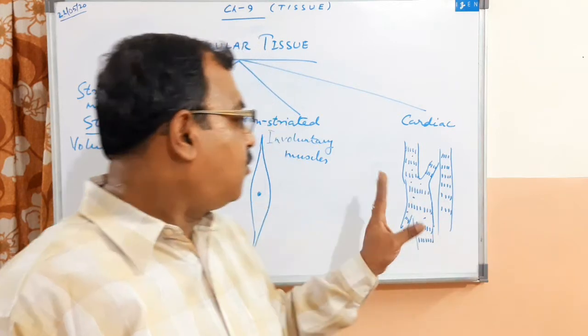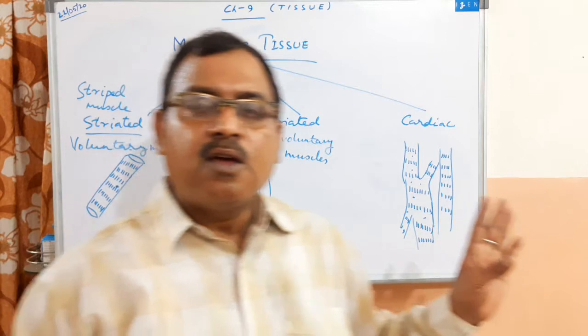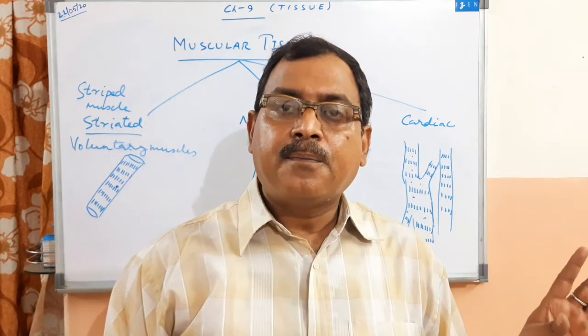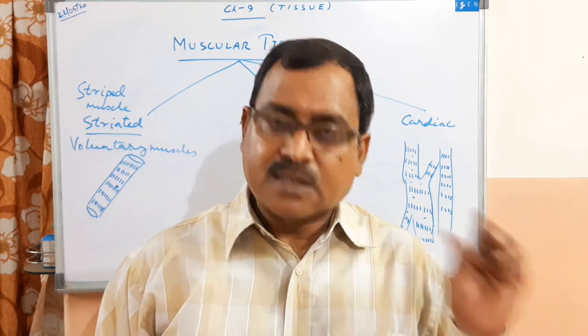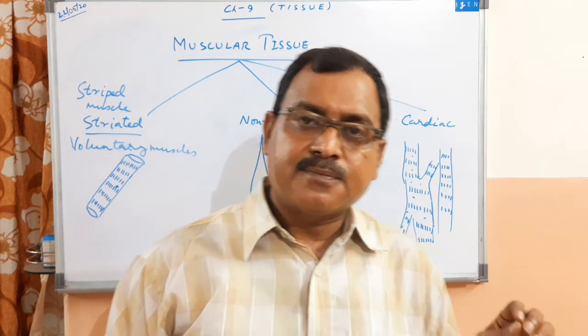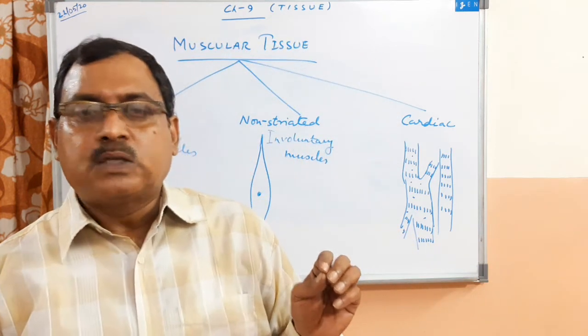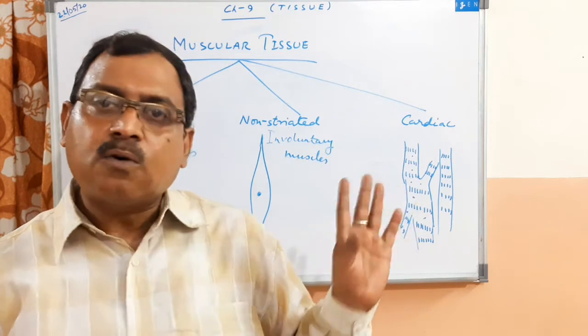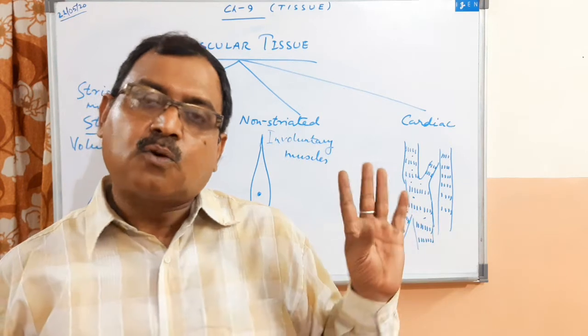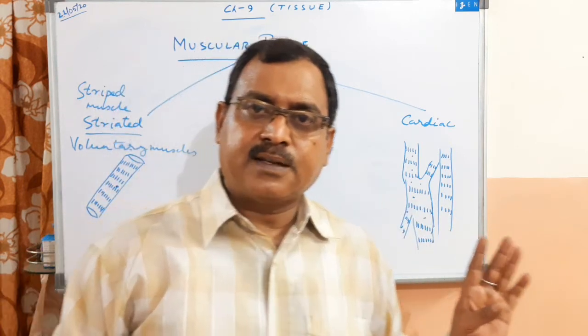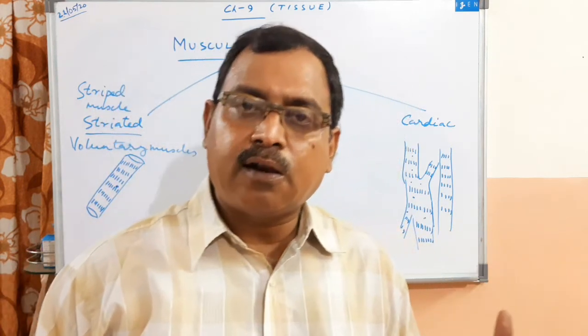It is the only muscle in the body which never undergoes fatigue. Muscle fatigue, you have heard of this term? So cardiac muscle never gets fatigued. It is totally involuntary, not in our control at all.